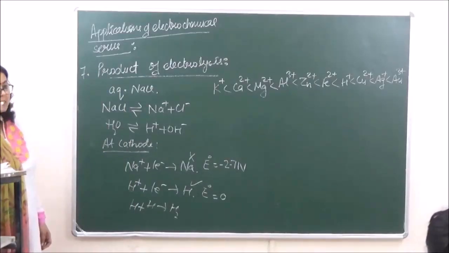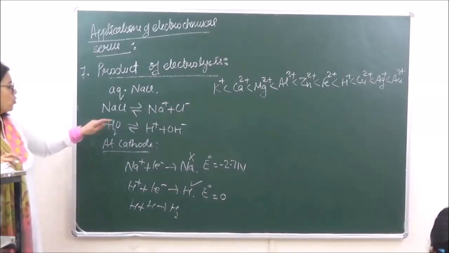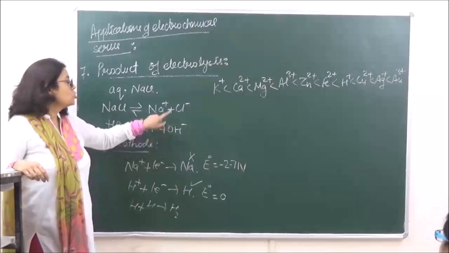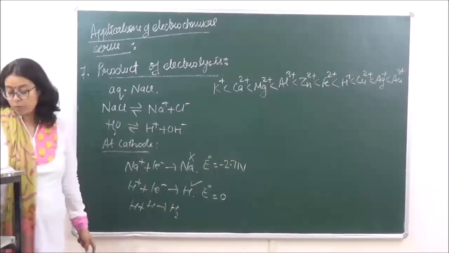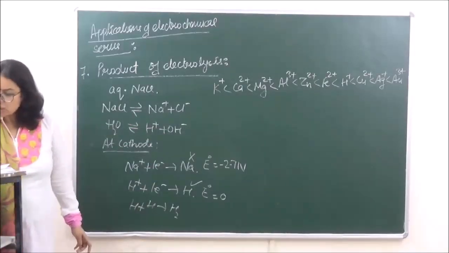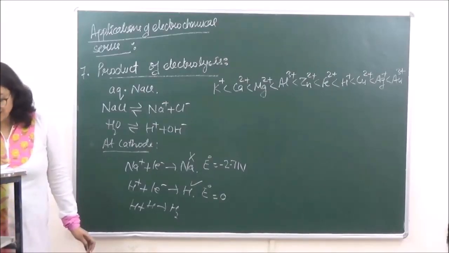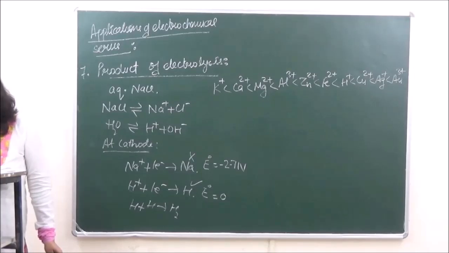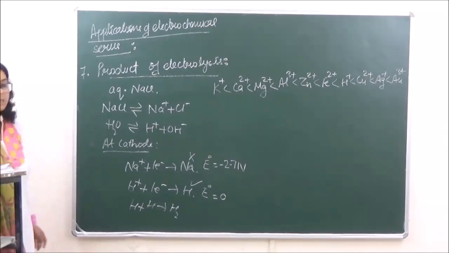Similarly, when we are talking of anions, over here you can see that there is Cl negative and there is OH negative. So chlorine has an electrode potential of how much? The electrode potential for chlorine is 1.36.